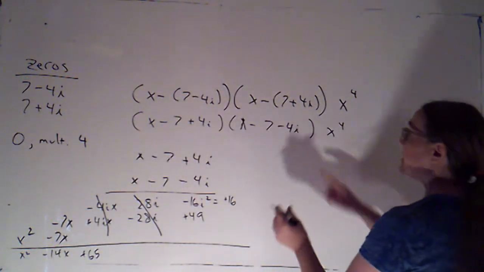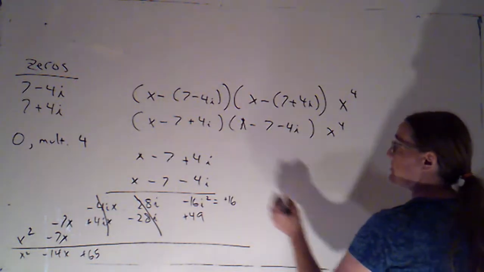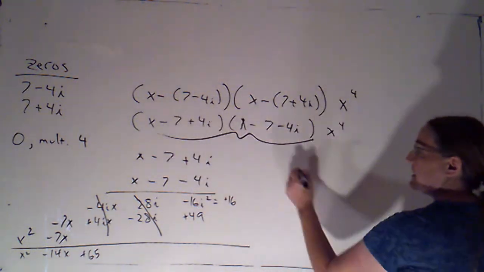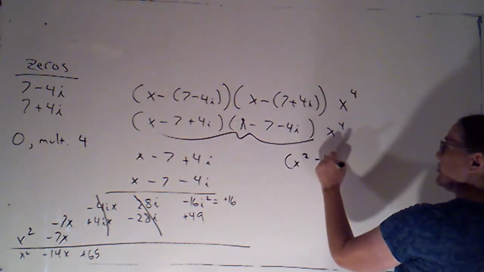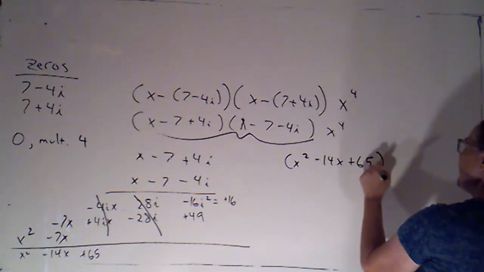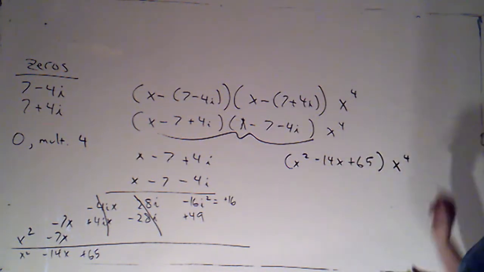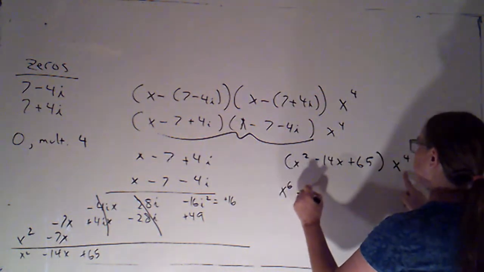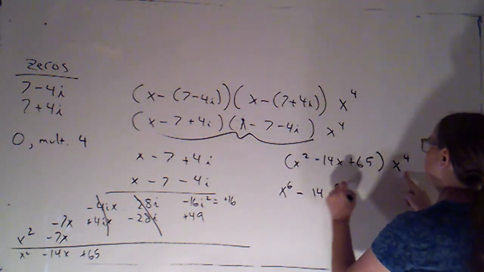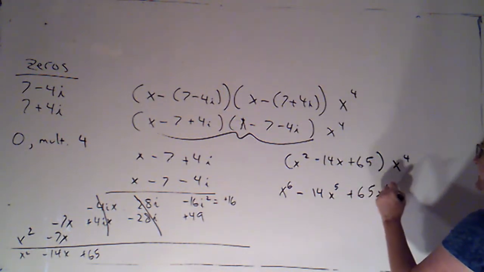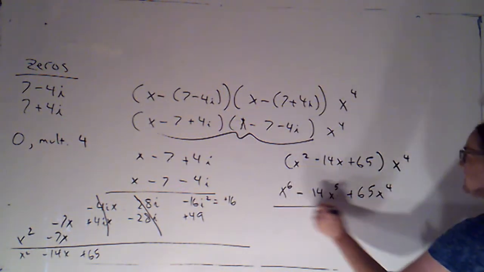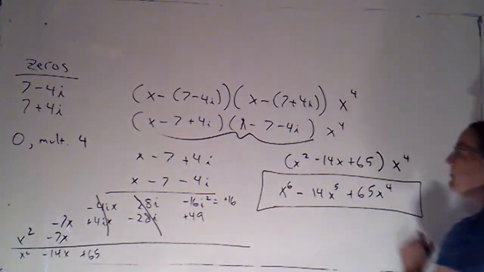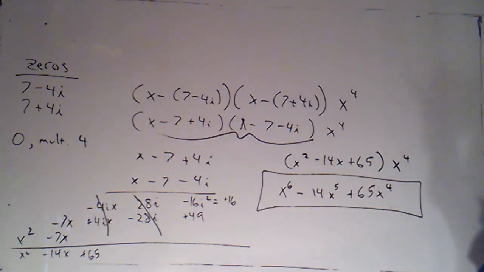Okay, so these first 2 factors are just x squared minus 14x plus 65. We've then got to multiply that by x to the fourth. So we would have x to the sixth minus 14x to the fifth plus 65x to the fourth. There's our polynomial multiplied out in descending order.